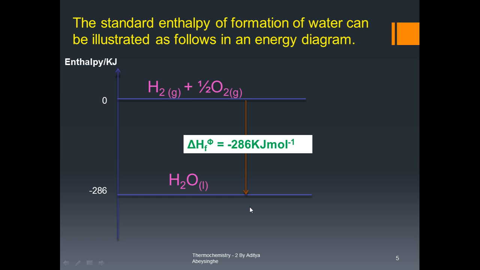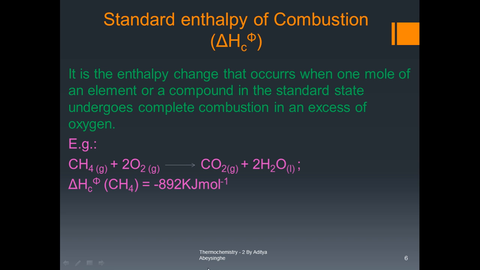As I explained in the last video, you can take these energy levels and you can say that energy is actually given out when water is formed. So this is an exothermic reaction. Delta H is negative. So when water is formed, energy is given out.